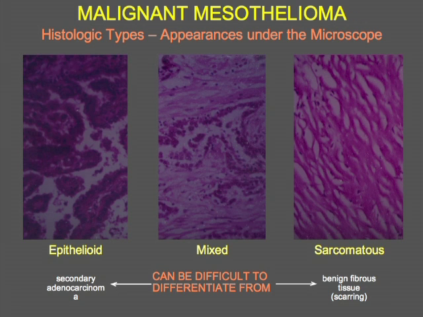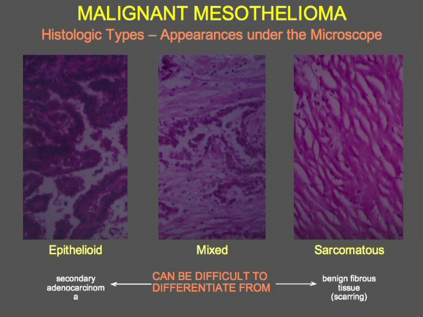But from the pathologist's point of view, the epithelioid tumors can be difficult to differentiate from secondary adenocarcinoma. This is a tumor in another part of the body that has spread to the lining membrane. And in the case of the sarcomatous tumors, they can be difficult because they contain a lot of fibrous tissue.